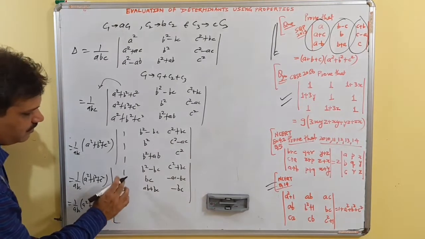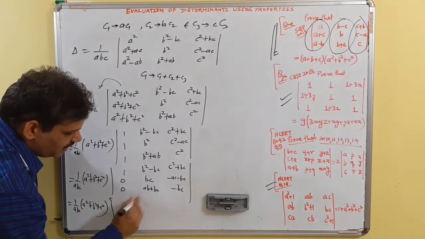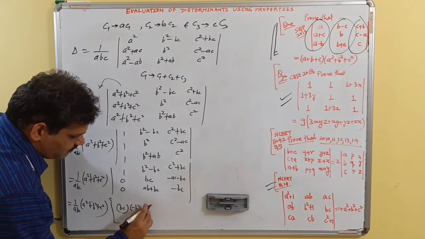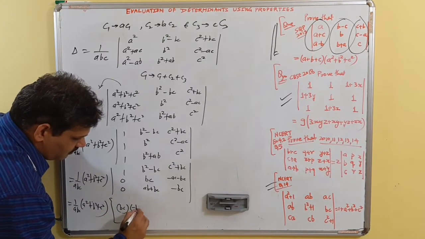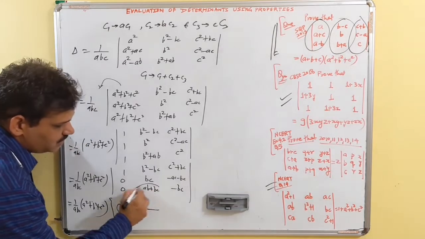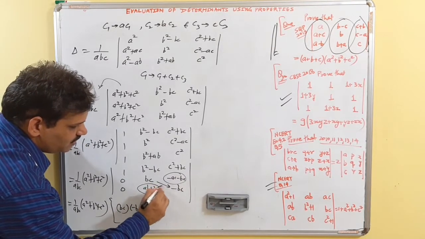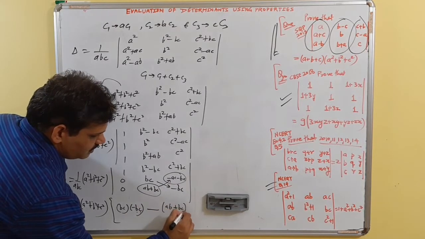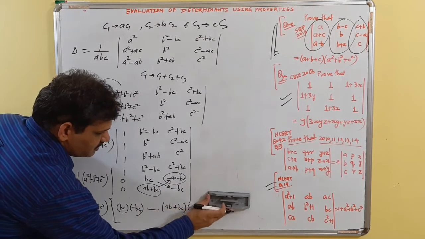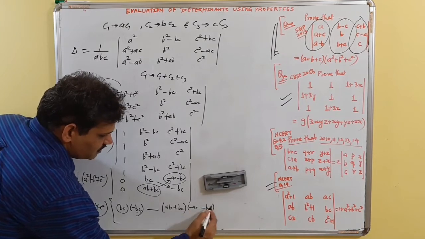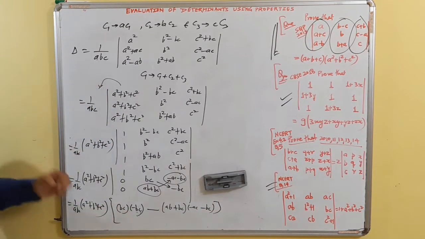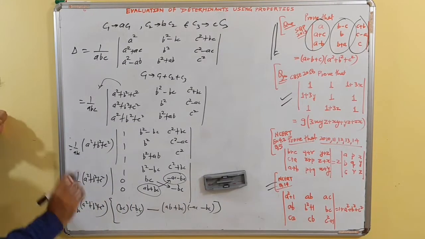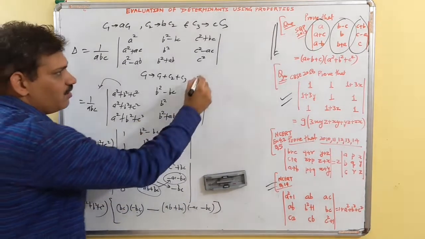So we are left with BC into minus BC, minus this into this, BC into minus BC. So minus AB plus BC into minus AC minus BC. Without any doubt, you can take BC common from here. If you are not taking it, no problem at all.